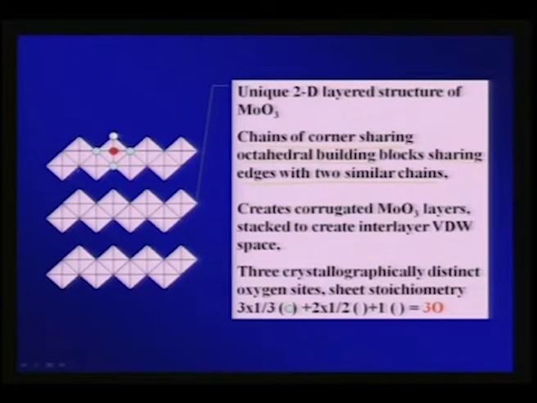These are the corner shared ones which are edge shared here, and they make two similar chains like this, and this arrangement makes a layer wherein you can bring about intercalation between these MoO3 layers. One example is that of introducing tungsten ion into this lattice. Once these MoO3 layers are stacked, they create an interlayer van der Waals space wherein intercalation and deintercalation can be achieved.